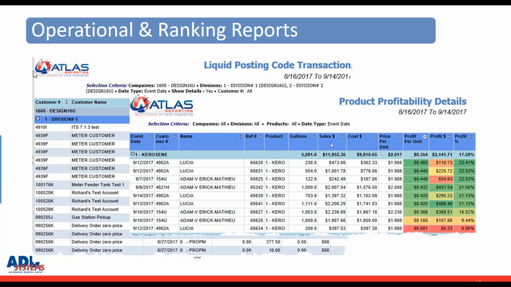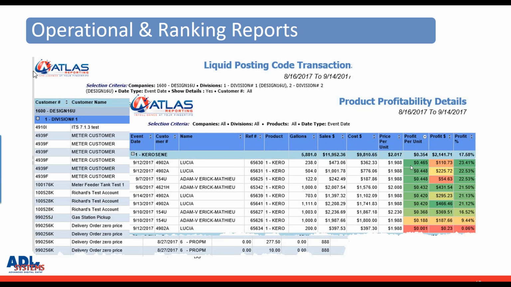Here's an example of a ranking report. This is looking at liquid product transactions. And what this is allowing us to do is to rank each of these transactions by the profit per unit. So you can see this one is ranking it both by a sort, where we've got the ones with the best profit per unit at the top of the list, but also it's using a heat map, which basically shows the best profit per unit with the green and the worst profit per unit with the red.